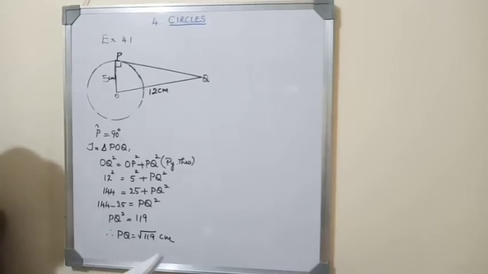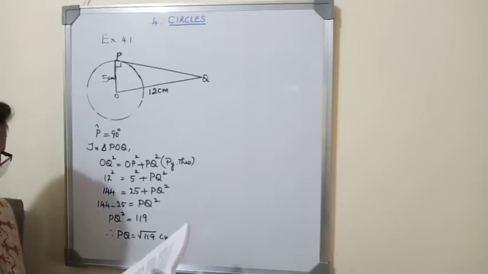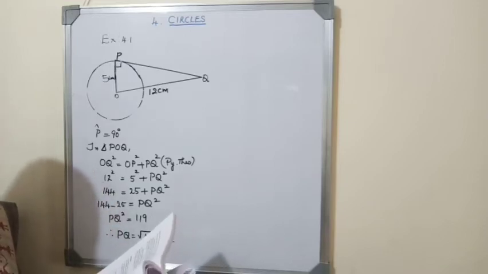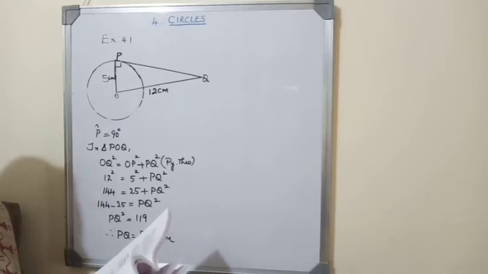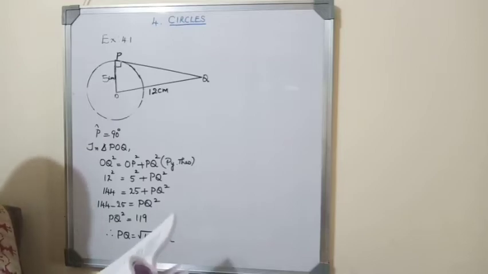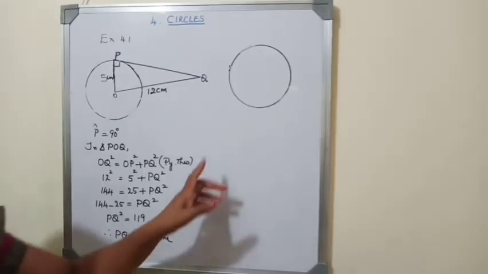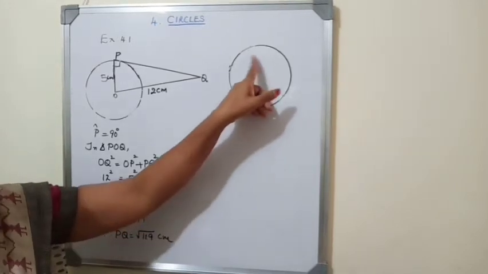The next question is, draw a circle and two lines parallel to the given line such that one is a tangent and another is a secant to the circle. So here I have drawn a circle.